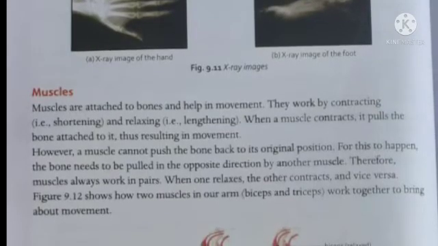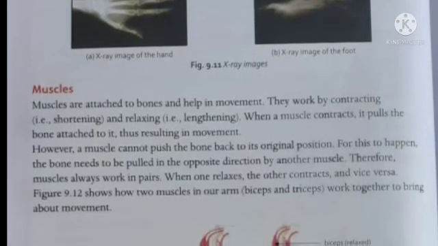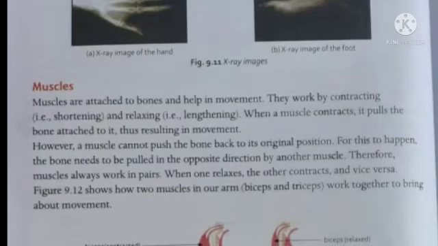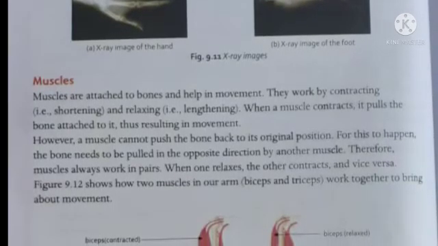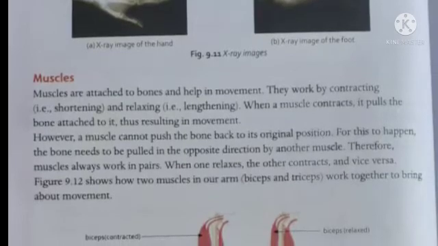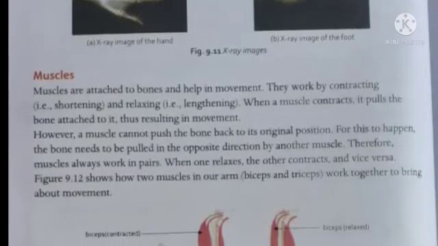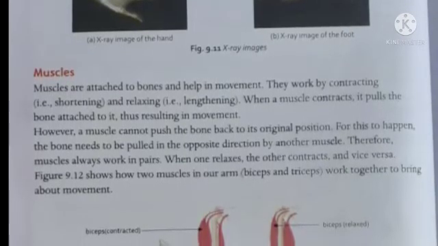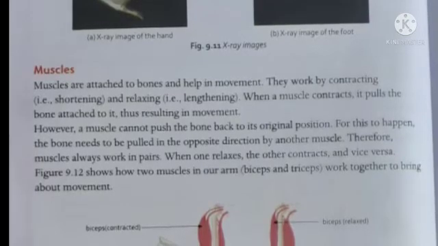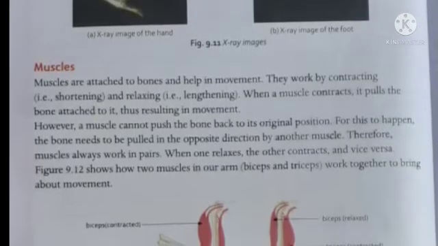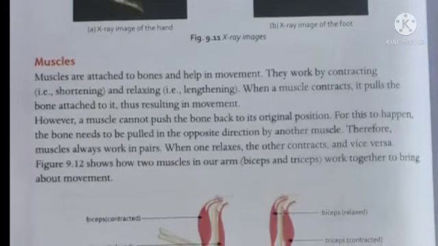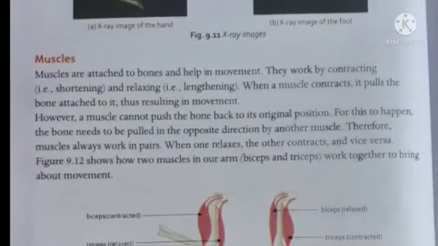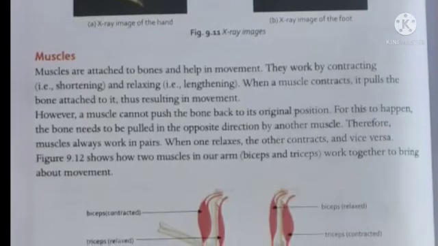So this is how our muscles contract and our bones move. However, the muscles cannot push the bone back into its original position. For this to happen, the bones need to be pulled in the opposite direction by another muscle. Therefore, in order to pull the bone back in its original direction, muscles always work in pairs.